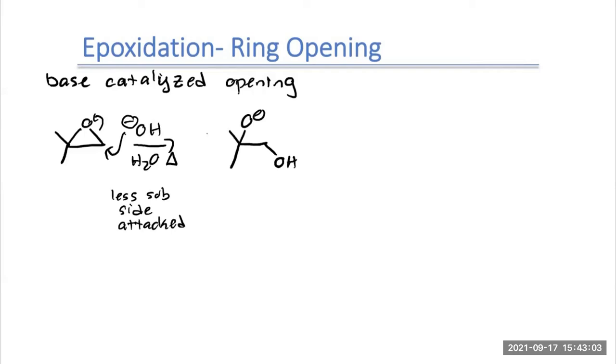Then we're going to have to neutralize that negative charge. So we use water for that negative oxygen to come and grab a proton to create our dihydroxylation or our diol product.